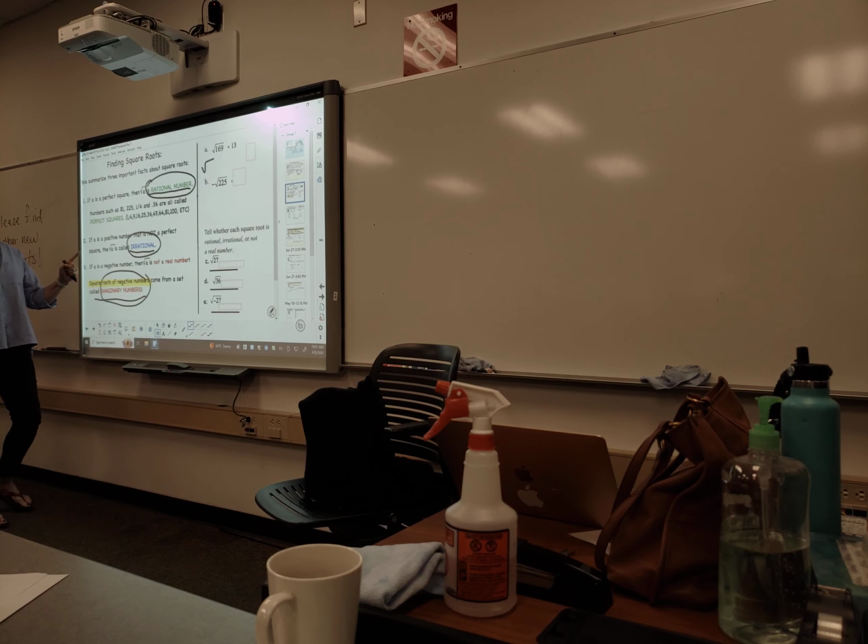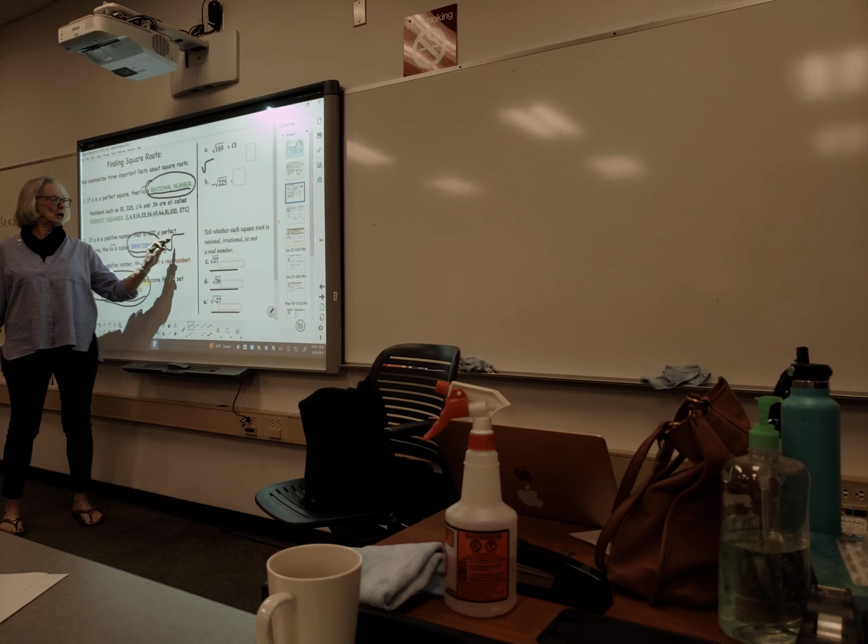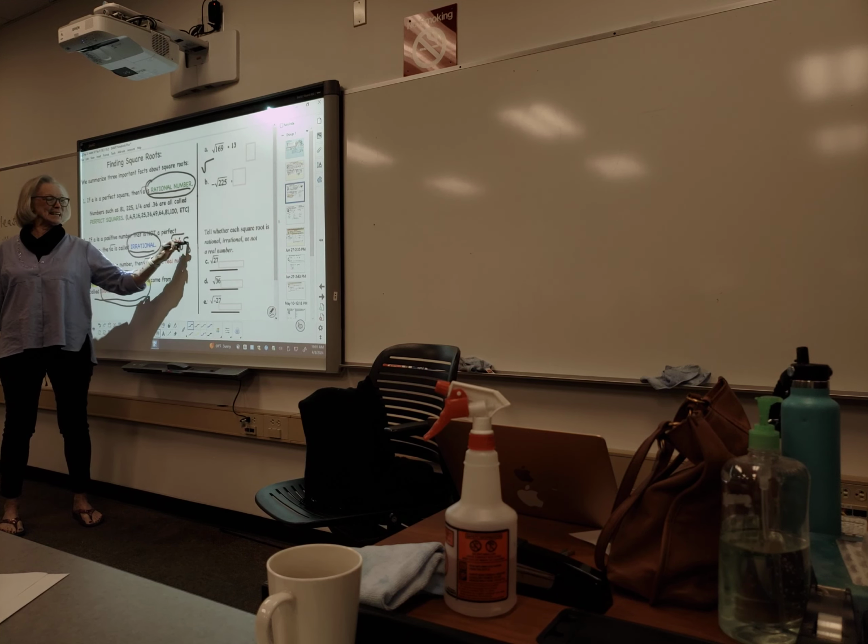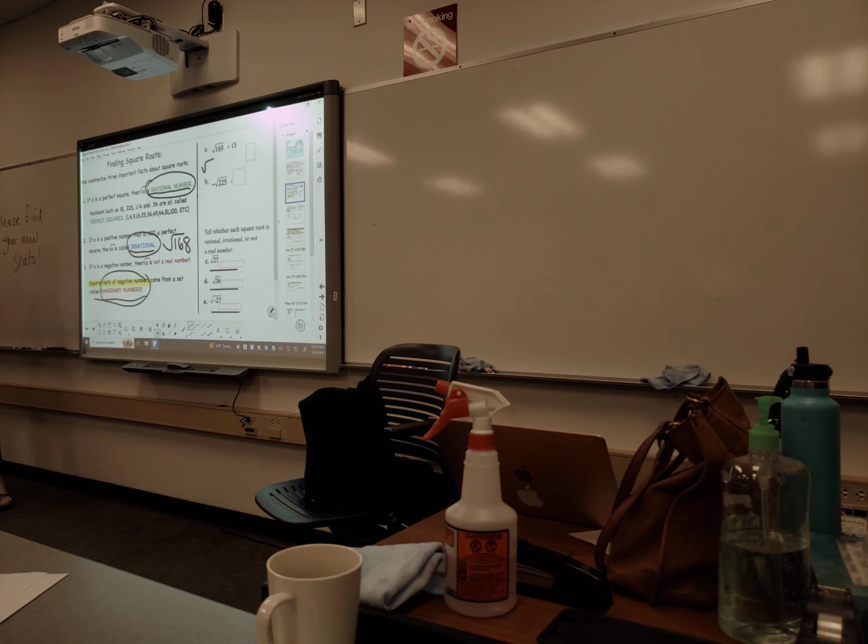Now I want you to try square root of 168 on your calculator. What's square root of 168? Oh, you're in a different mode. Two times the square root of 42?